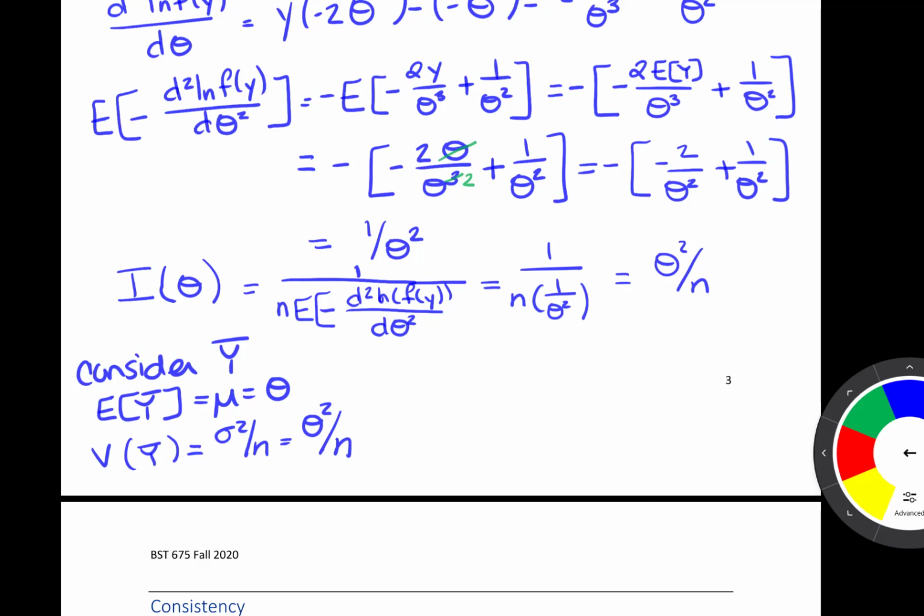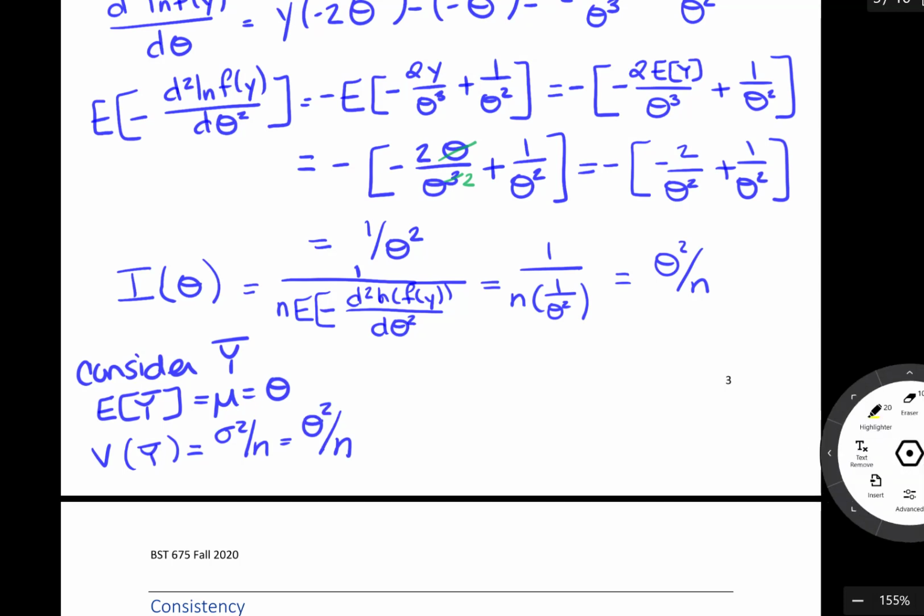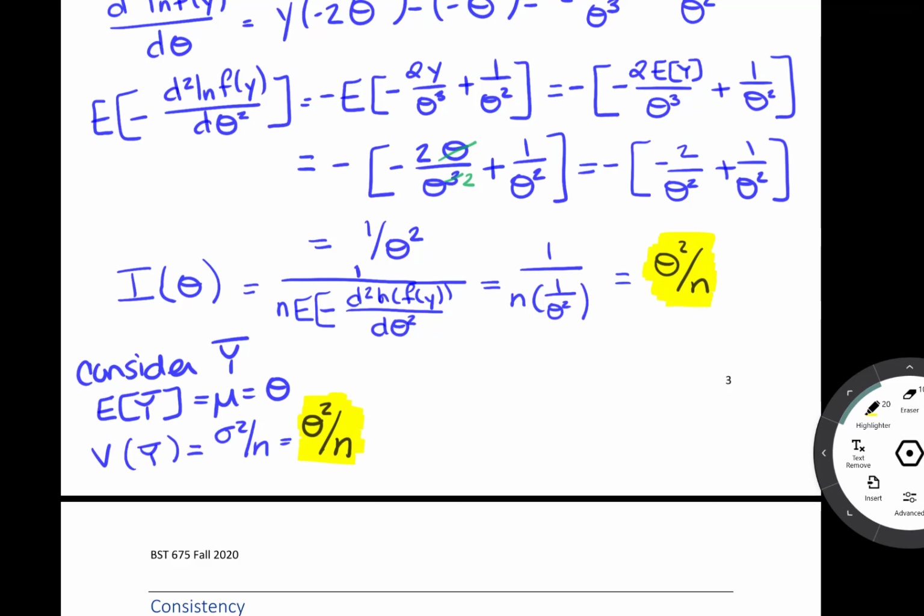So since the variance of y bar is equal to sigma squared over n, which is theta squared over n, since this value is equal to the information function evaluated at theta, then we know that y bar is an efficient estimator.